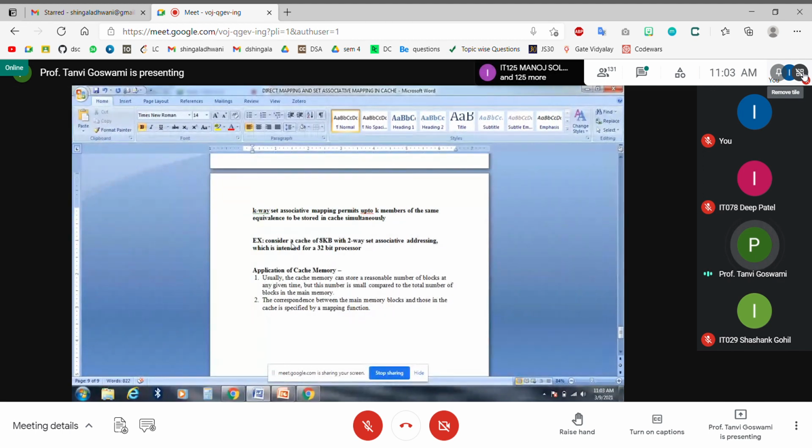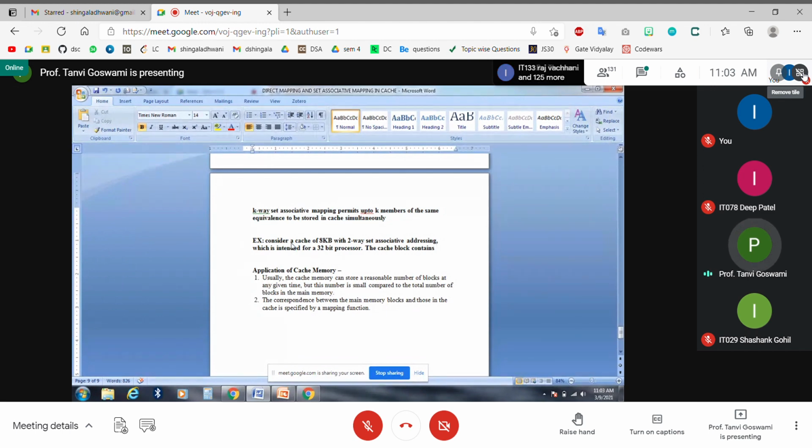32-bit processor. So what are the number of fields in the address? Address field consists of tag, set address, and displacement. It is same as direct mapping. The cache block contains 8 bytes.